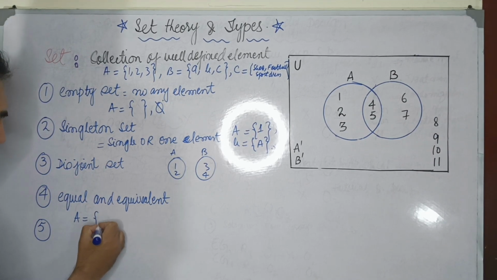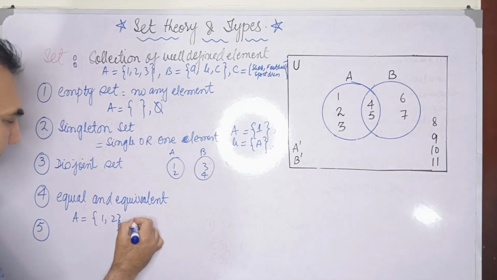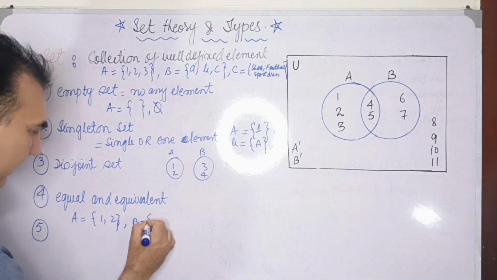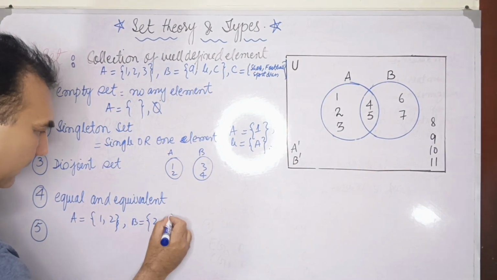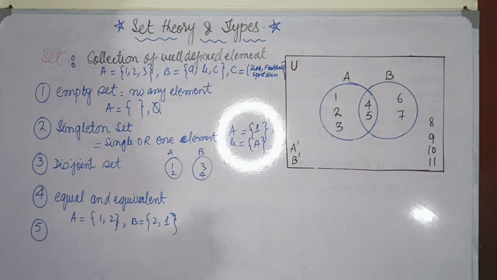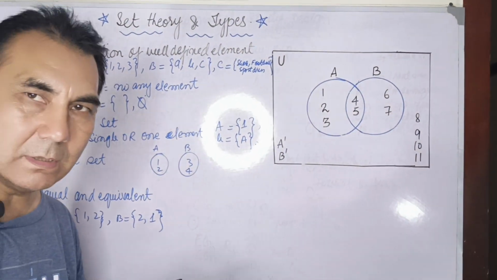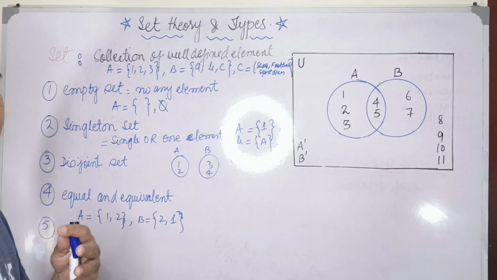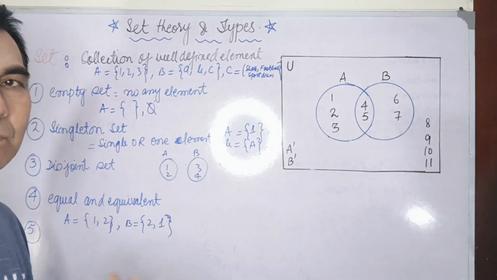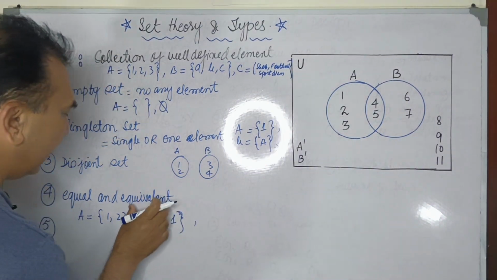Set A is {1, 2}. Now set B is {2, 1}, which means these are equal sets. Set A and set B have the same elements, but they need not be in the same sequence.